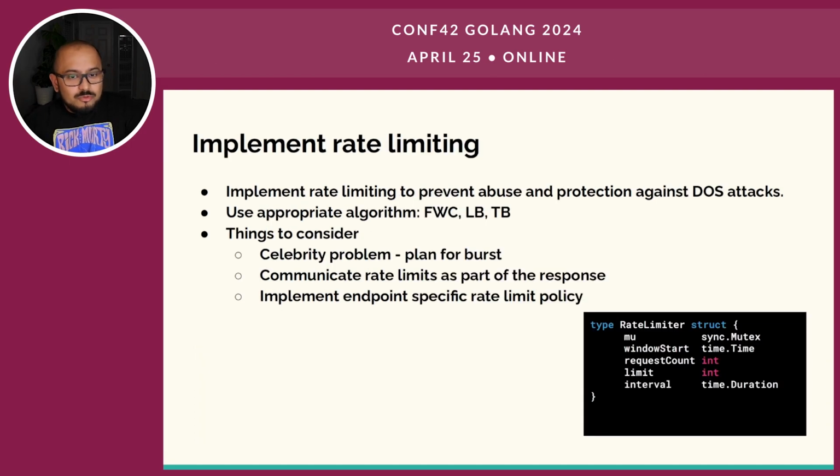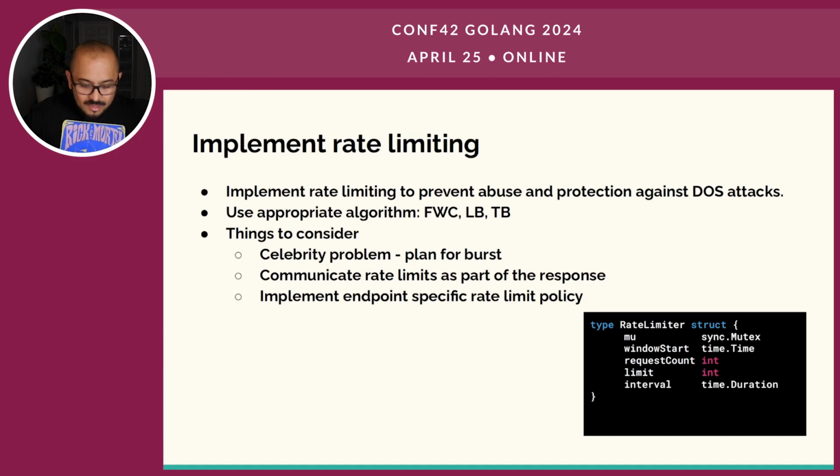The next thing that we could do is implement rate limiting. People get confused about how rate limiting actually helps in security, but it helps us prevent abuse and protect against DDoS attacks. We don't want malicious actors slamming our API endpoint and DoSing it, right?